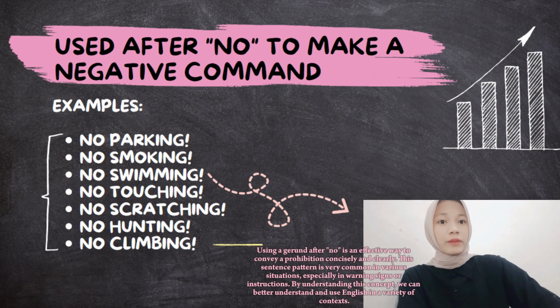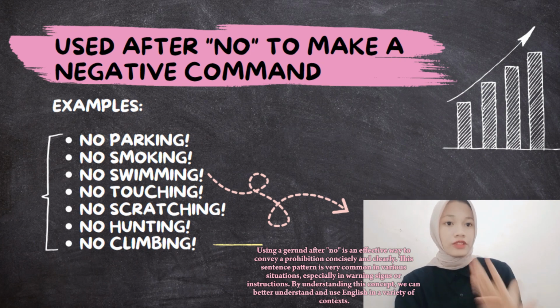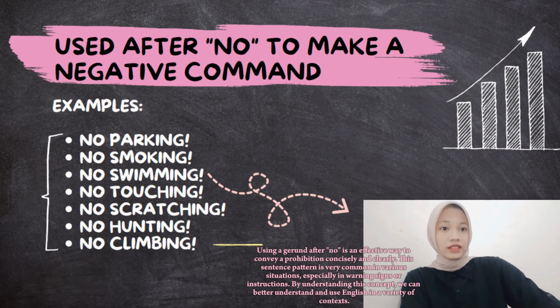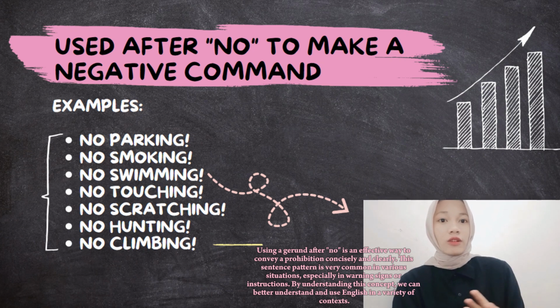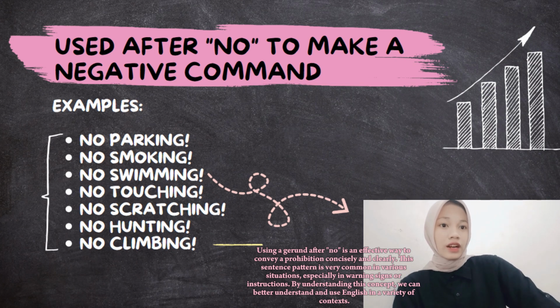This sentence pattern is very common in various situations, especially in warning signs or instructions. By understanding this concept, we can better understand and use English in a variety of contexts.